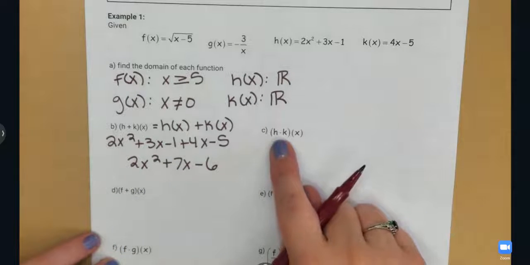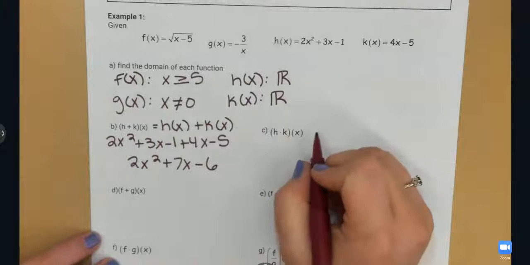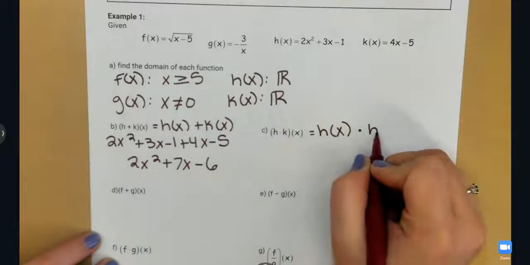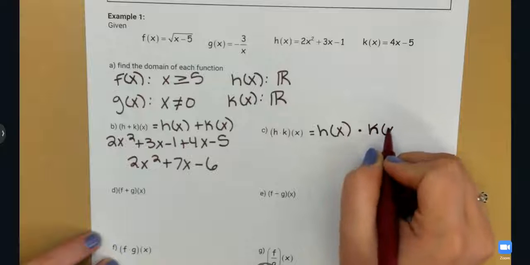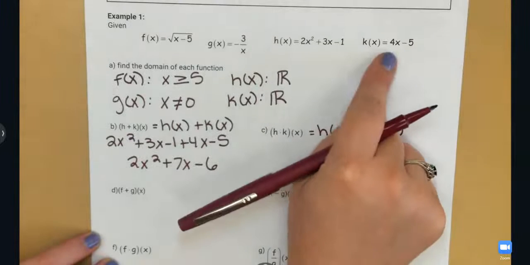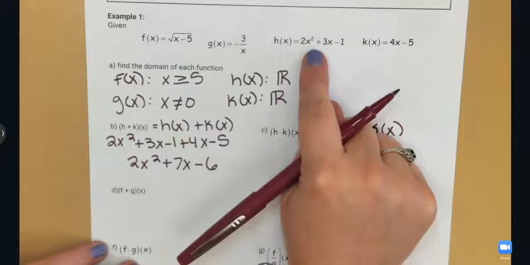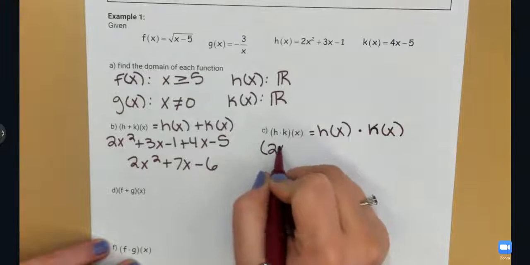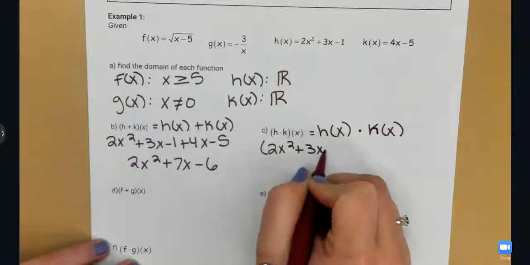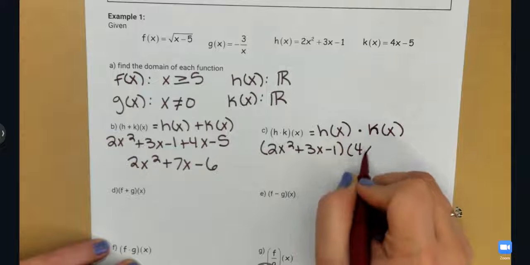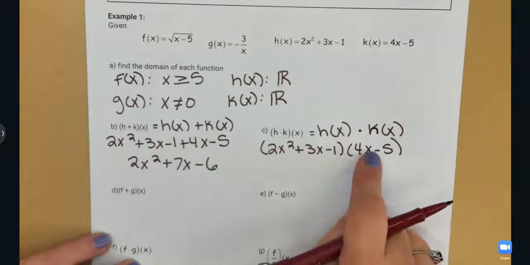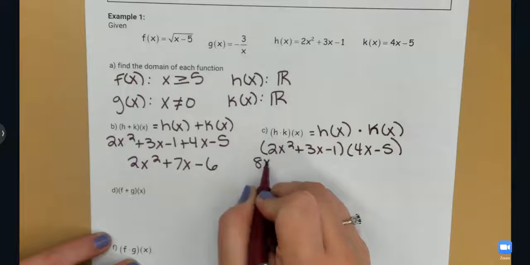All right, C, h times k of x. Remember, this is just going to be multiplication for my two functions. So this is going to be a trinomial times a binomial, 3 terms times 2 terms. That means I'm going to have to make sure I'm doing multiplication 6 times to get the correct result. So let's start with our 2x squared. We multiply that on the 4x to get 8x cubed.